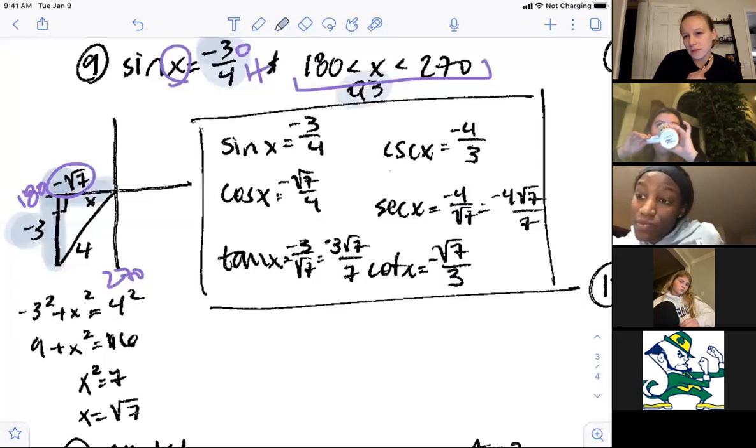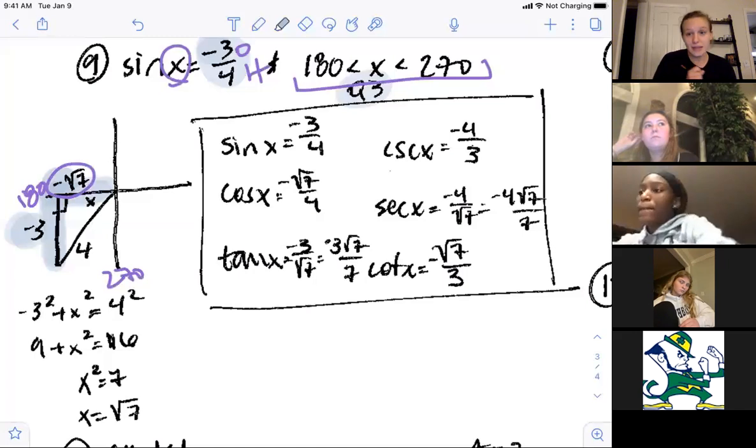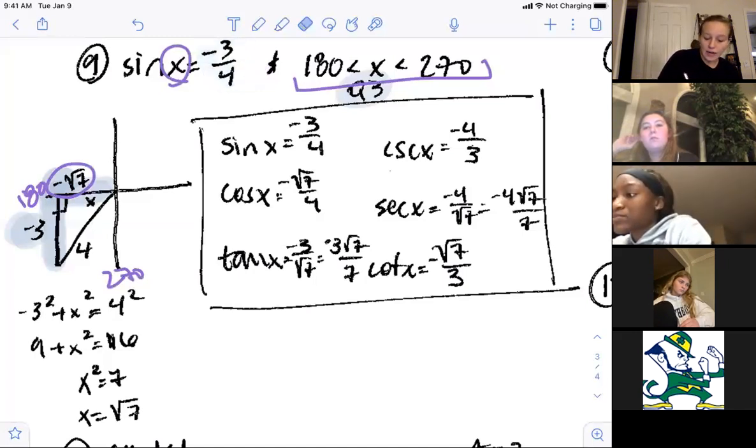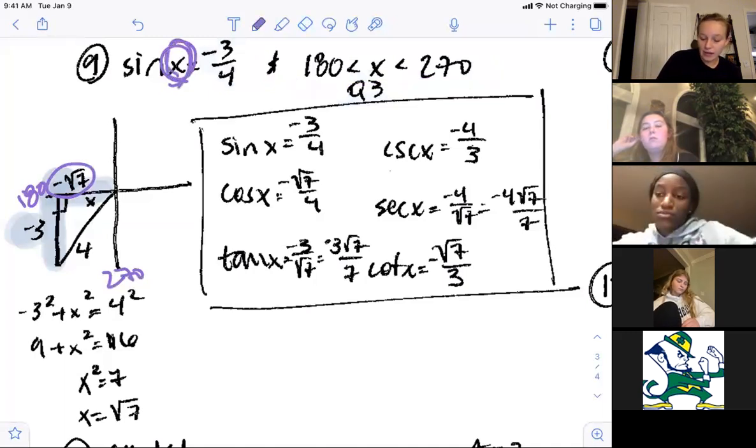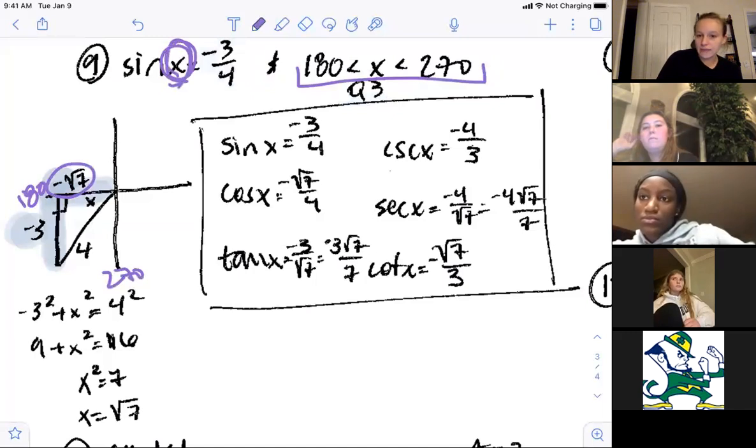Oh, you were talking about the whole problem, why it's in the third quadrant? That part, Ava? Yeah. Okay. So I said this was really similar to number 6, but it's even easier because I told you that our angle, theta, is in between 180 and 270.